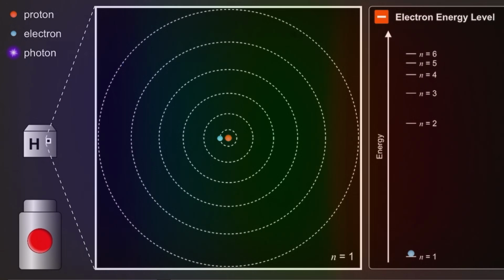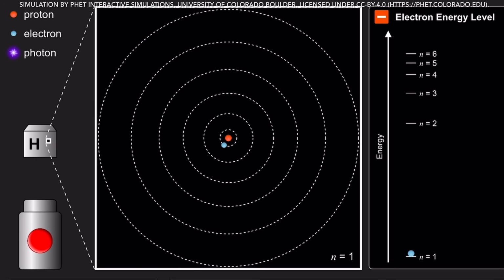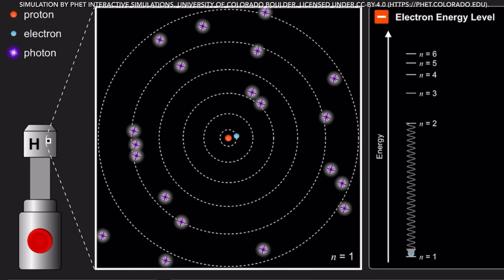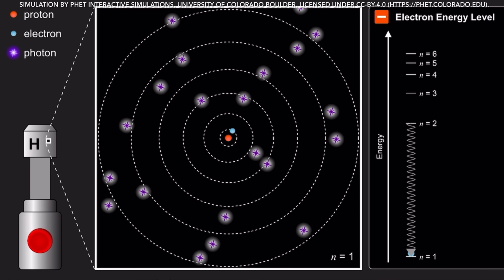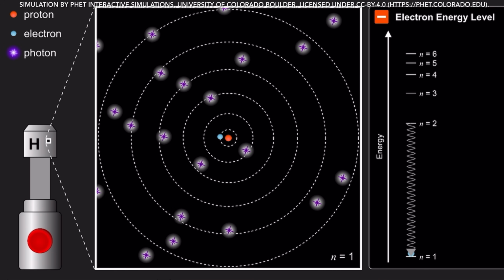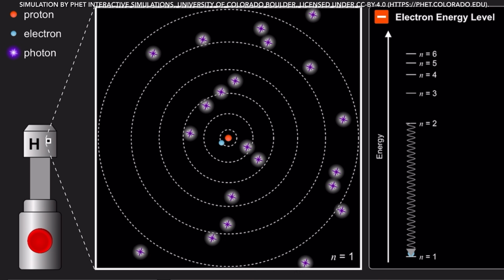We can use the great PhET simulation of the Bohr model of a hydrogen atom to understand why only specific wavelengths of the light are absorbed. Electrons can only be in specific energy levels. If an electron absorbs a photon of exactly the right amount of energy to move it to a higher energy level, it will move up.